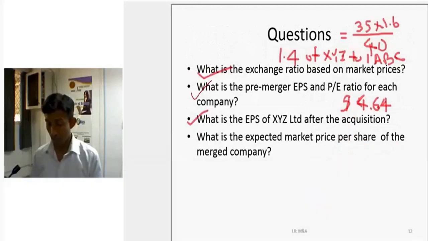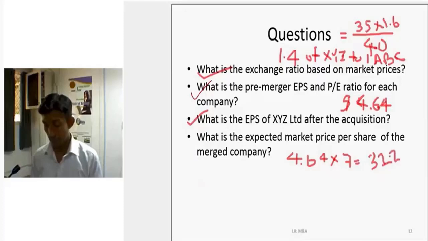So based on the PE valuation method, if our earnings per share is 4.64 and the expected PE for the future is 7, that's going to be $32.2. This is the expected price. We don't know what price the market will perceive, but from this merger, this is the expected price, 32.2.